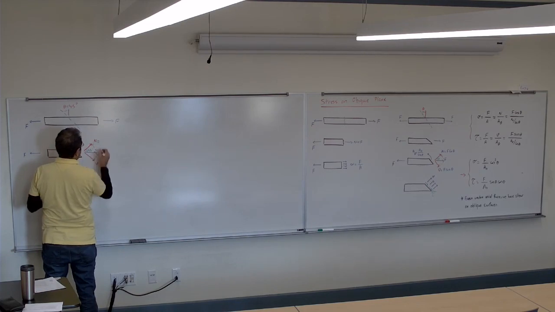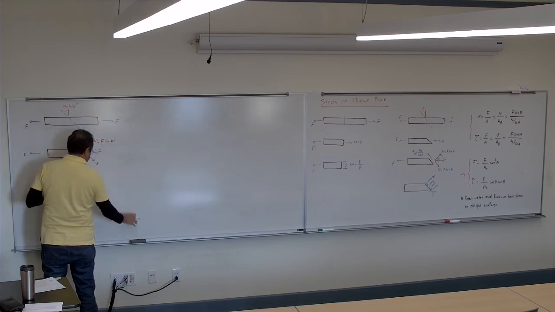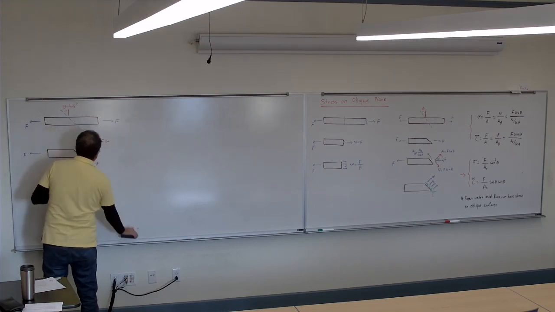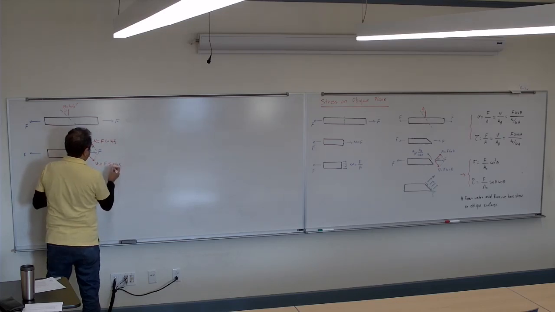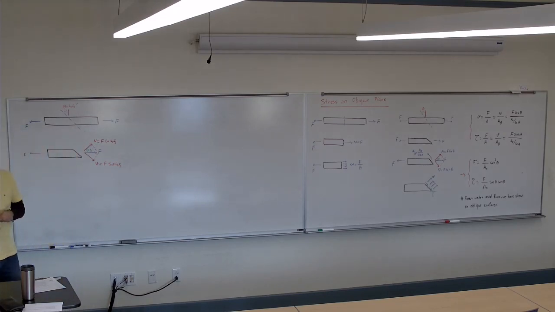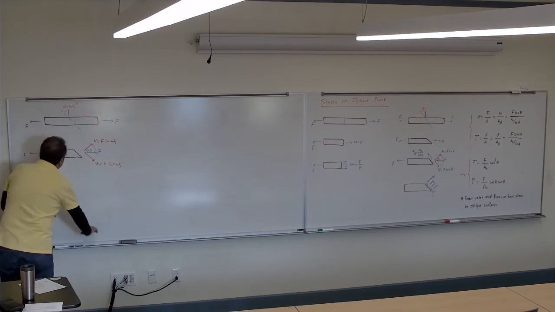N is going to be F cosine 45, and V is going to be F sine 45.